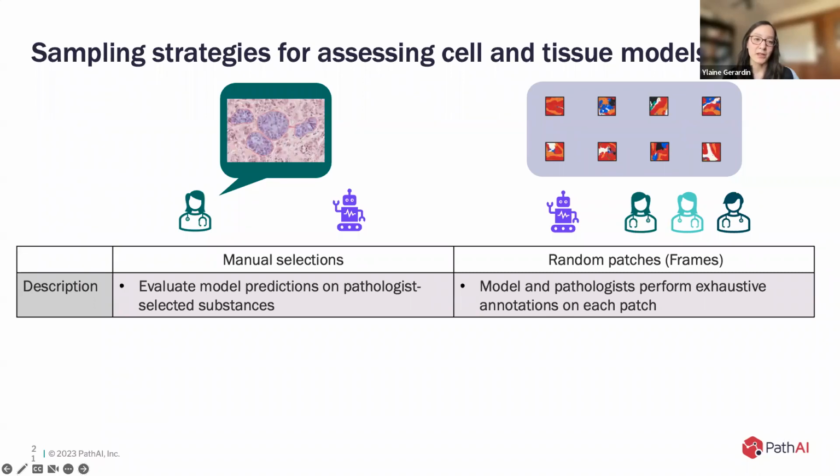Then we ask the model to evaluate within those pathologist-selected annotations what prediction the model is making in those areas. The second approach is that instead of having areas be manually selected, we randomly select small patches from the slides, which we call frames, and then we ask both the pathologist and the model to exhaustively predict or annotate within these frames.